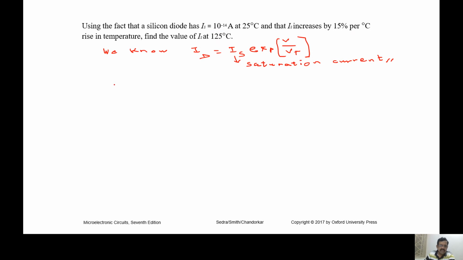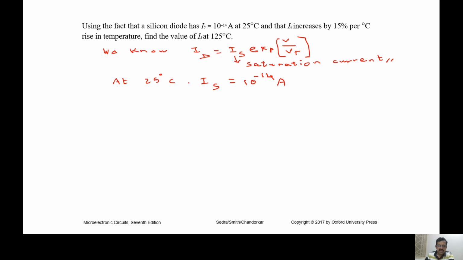So IS given at 25 degrees is 10 power minus 14, an extremely small current, the saturation current or the scaling current. Why scaling current? Because it is directly proportional to the area of cross section of the PN junction.